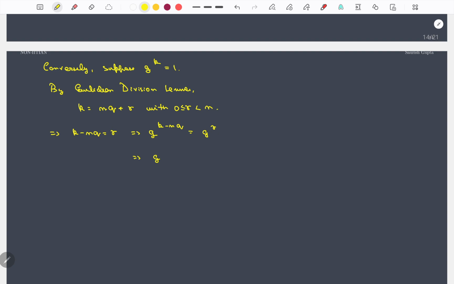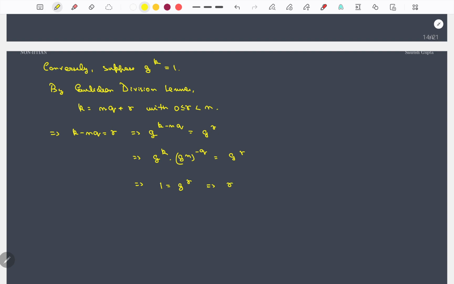From here we have g to the power k times (g to the power n) to the power minus q is equal to g to the power r, but g to the power k is 1 and g to the power n is also 1, so I have 1 is equal to g to the power r. But that's a contradiction, right? No, that's not a contradiction, I'm sorry.